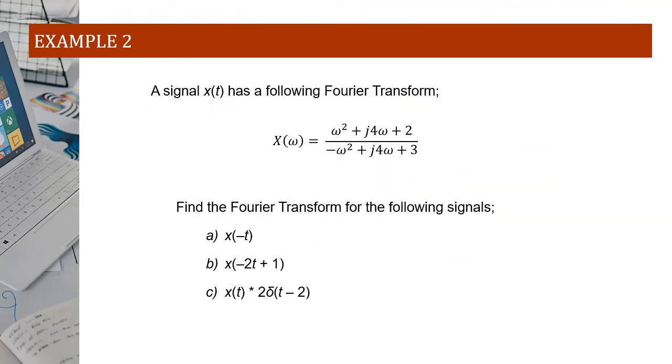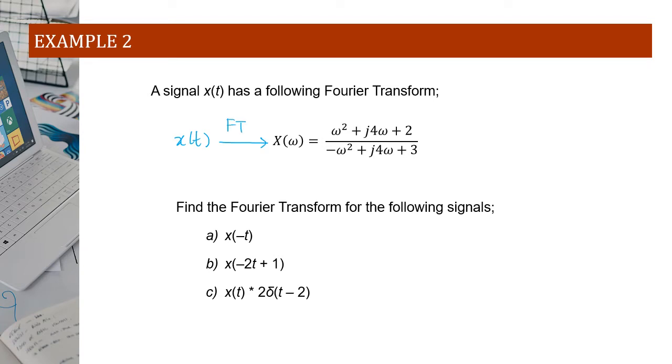Given the Fourier transform of signal x(t), X(omega), as the function shown, we need to find the Fourier transform for the following signal. We know that x(t) in the time domain will produce X(omega) in the frequency domain.